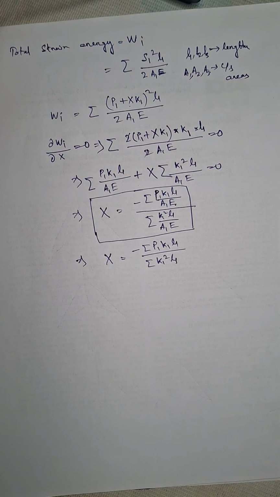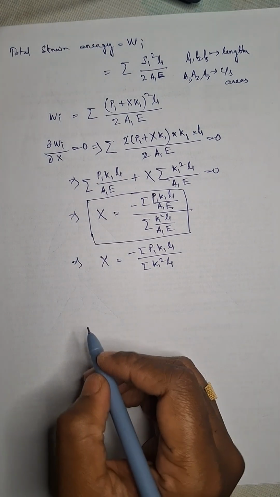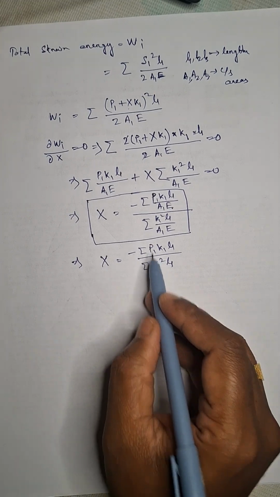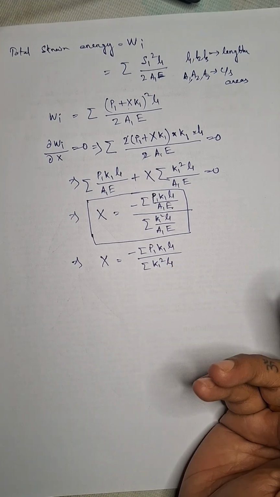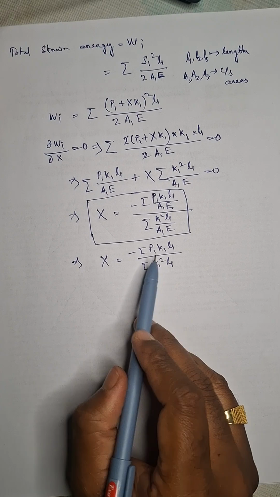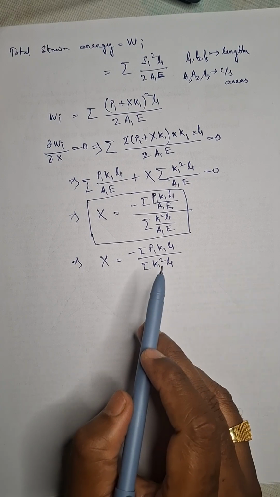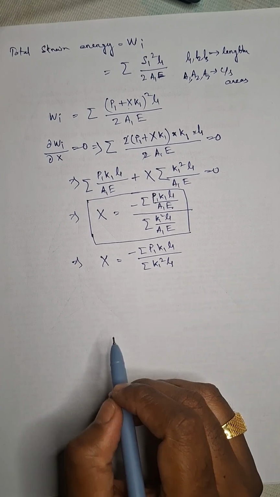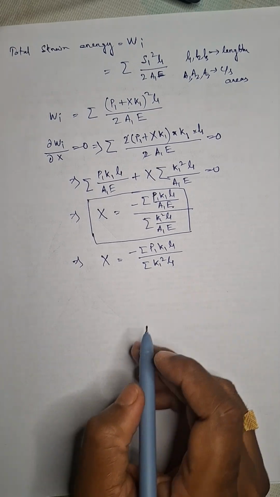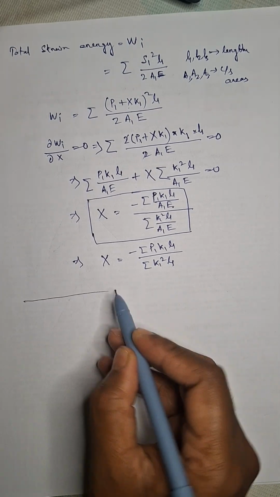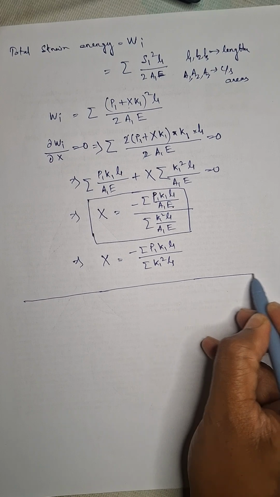So if a problem is given, first we have to find out all the member forces due to two conditions. One is removing the redundant force, another is applying a unit force instead of the redundant member. After finding out those things, we need to draw a table which will be easier for calculation.